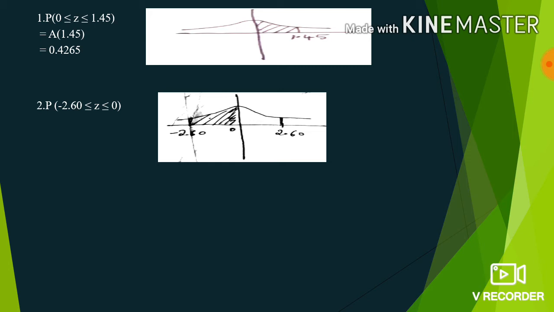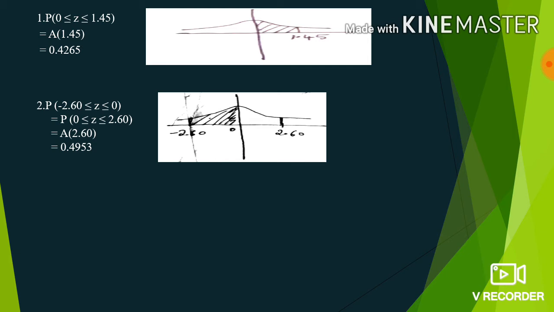So we can take it as 0 to 2.60. We can write A of 2.60, that is equal to 0.4953 using the table.